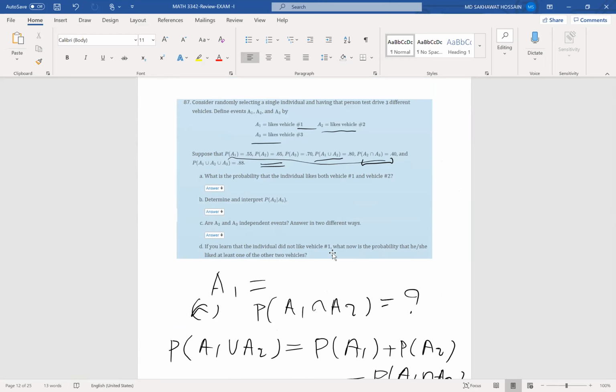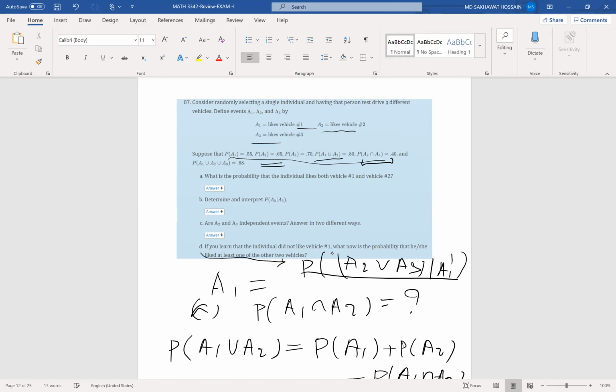What now is the probability that he or she liked at least one of the other 2 vehicles? At least one of the other 2 means either A2 or A3, right? So that means A2 union A3, and the given information is A1 complement. We have to find this probability.